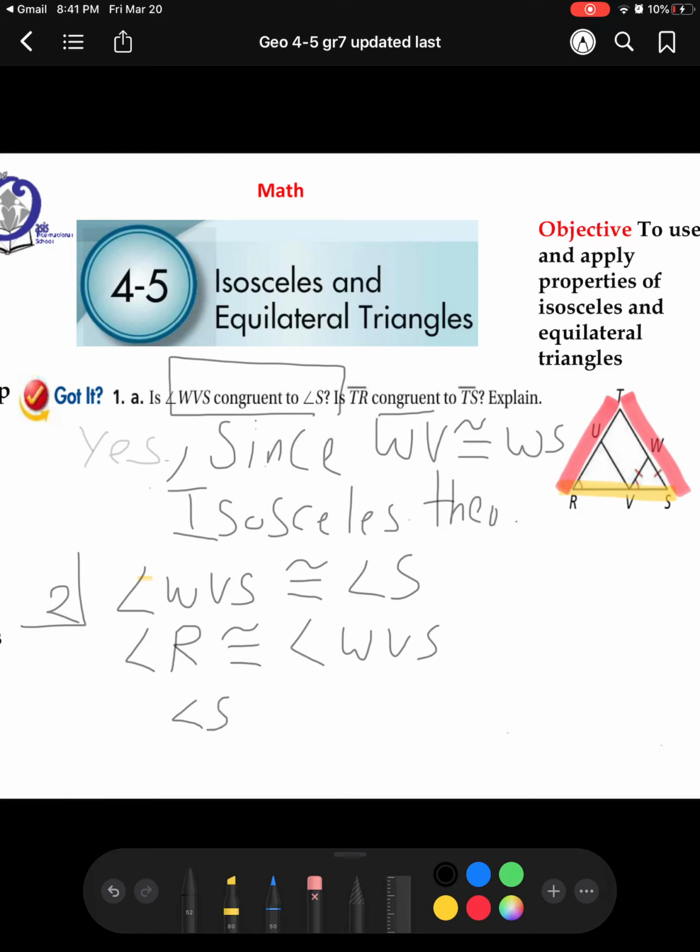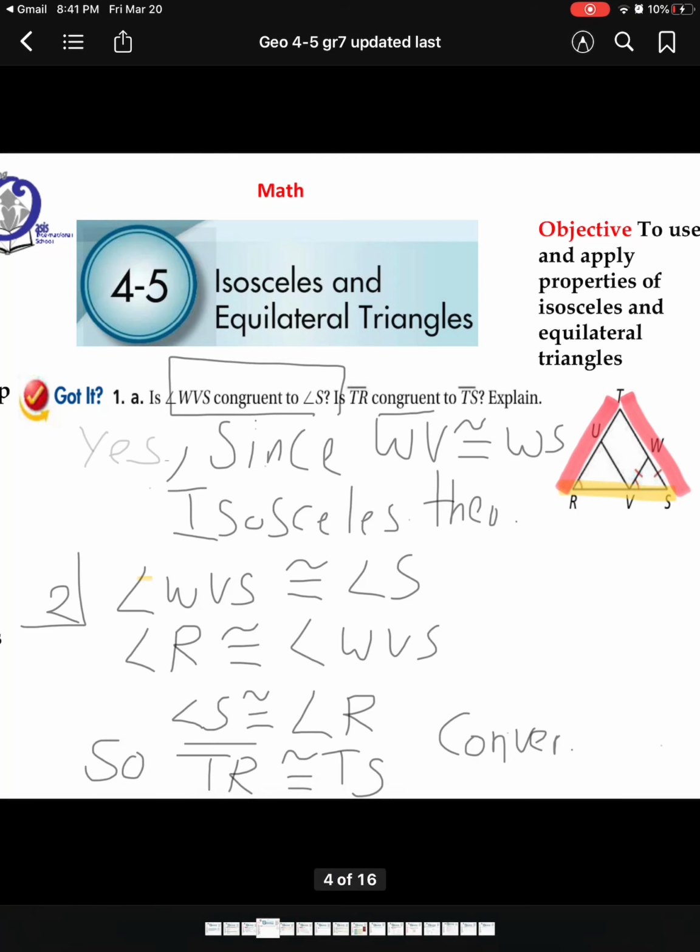So I can say that angle S is congruent to angle R. So TR is congruent to TS, by the converse of the theorem. Why? Because I proved that the base angles are congruent, so yes, it is an isosceles triangle, and the sides are congruent.